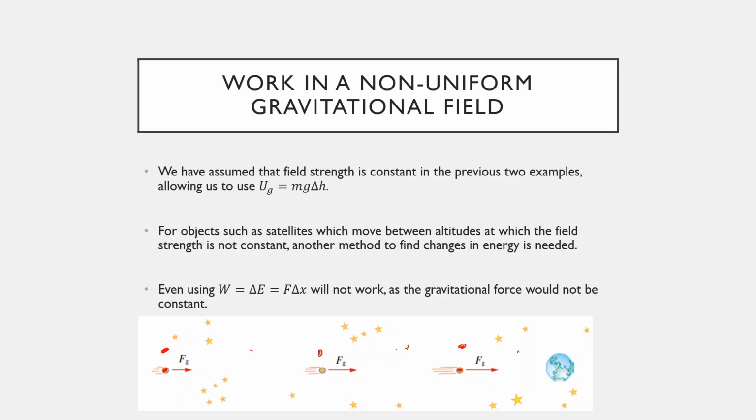You can't even use this force equation here, because the force is not constant. The force of gravity on the object here is much less than the force of gravity on the object here. Why? Well, because force is equal to mass times little g. So if little g is not constant, then the force is not going to be constant. All right, so you need some other method to work it out.